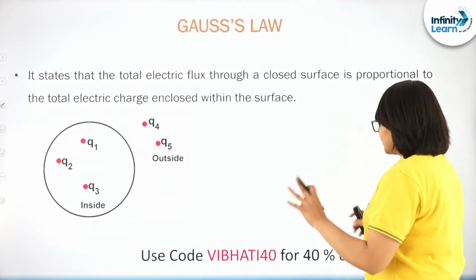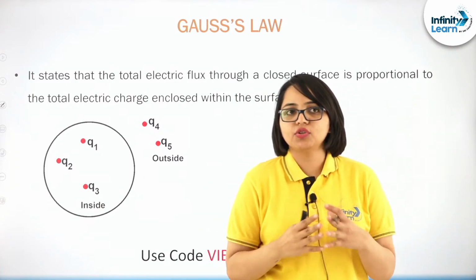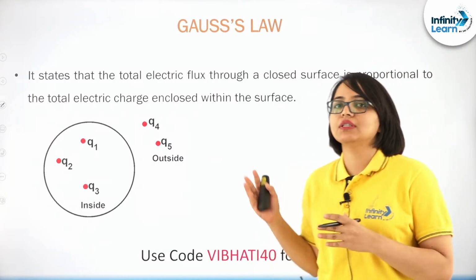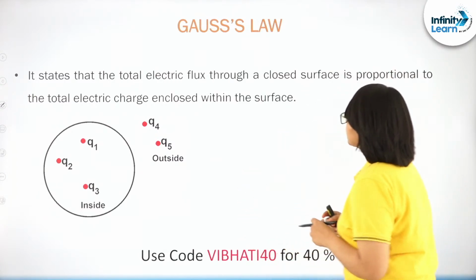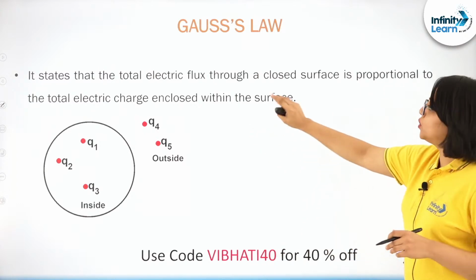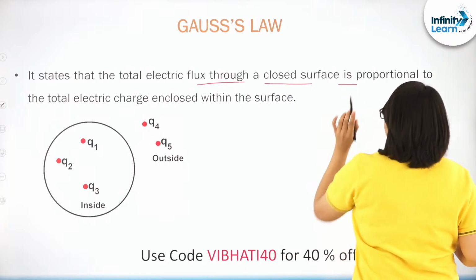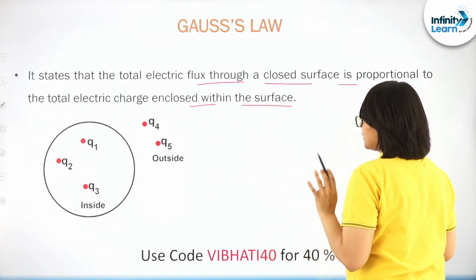Now there are certain misconceptions, or you can say important points, that all students should know, so that when you solve questions based on this law, your answers will not be wrong. It states that the total electric flux through a closed surface is proportional to the electric charge enclosed within the surface. This is the statement.